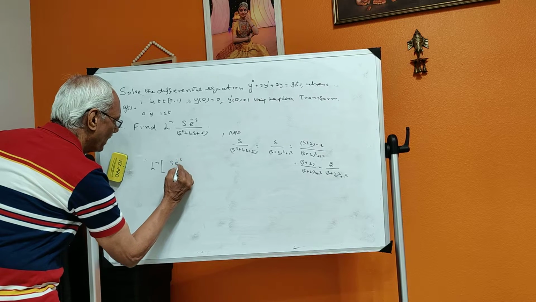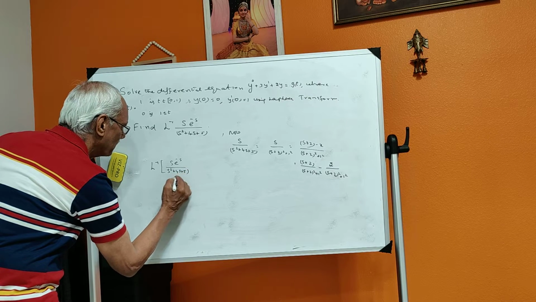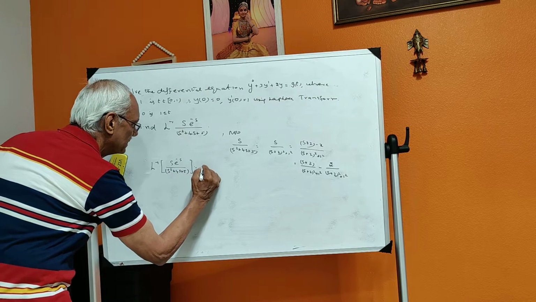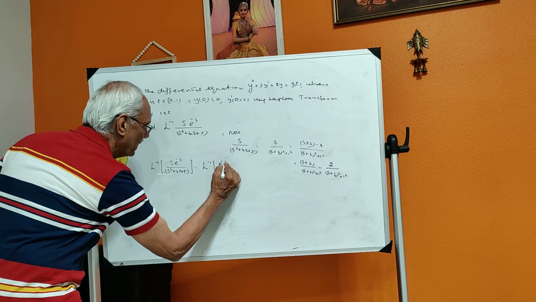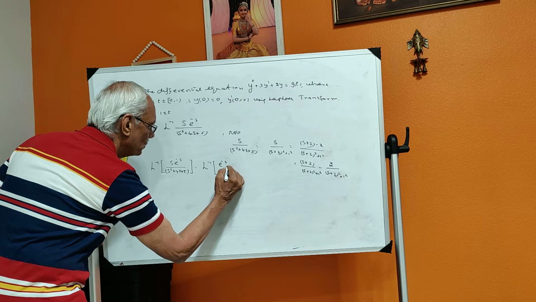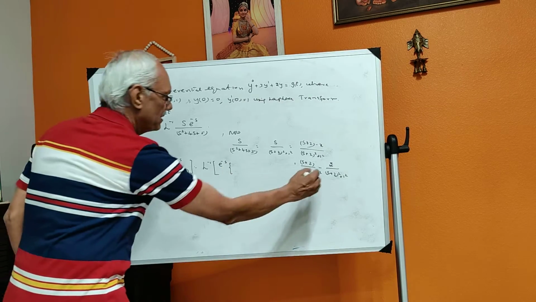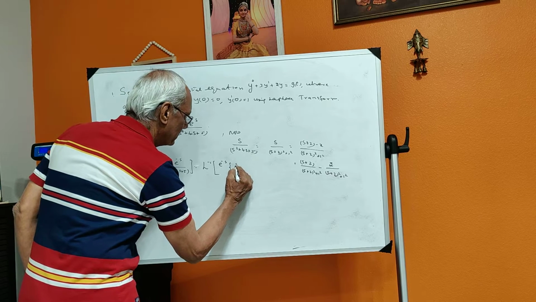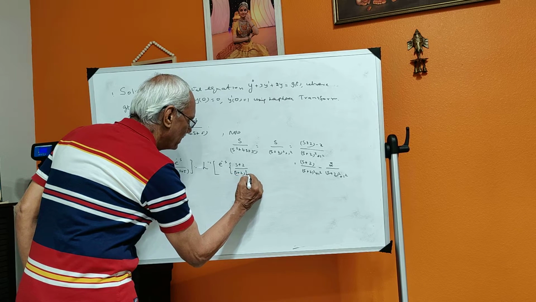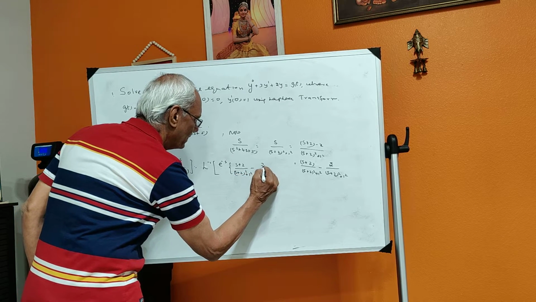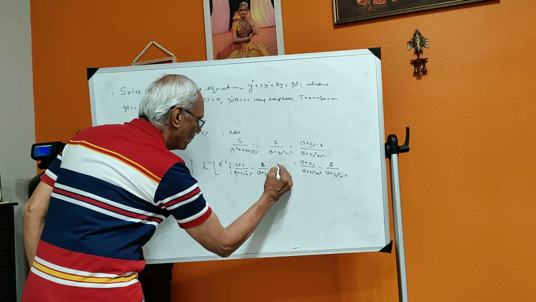So, the inverse Laplace transform L minus 1 of s e to the power of minus s divided by s squared plus 4s plus 5 can be written as L minus 1 of e to the power of minus s into, in place of this, s plus 2 divided by (s plus 2) whole square plus 1 square minus 2 divided by (s plus 2) whole square plus 1 square.